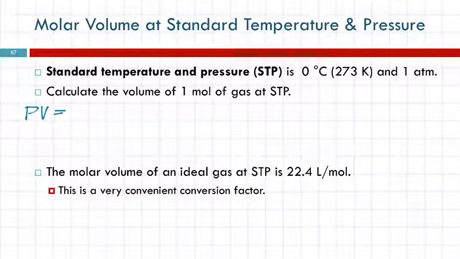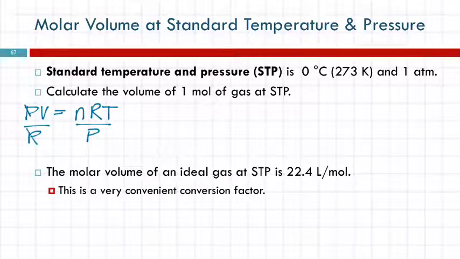Let's just start from the beginning. PV equals nRT. So I want to divide both sides by pressure to get the pressure out of the picture on the left side. So I'll just clean that up because I can. Volume equals nRT over P. That's better.